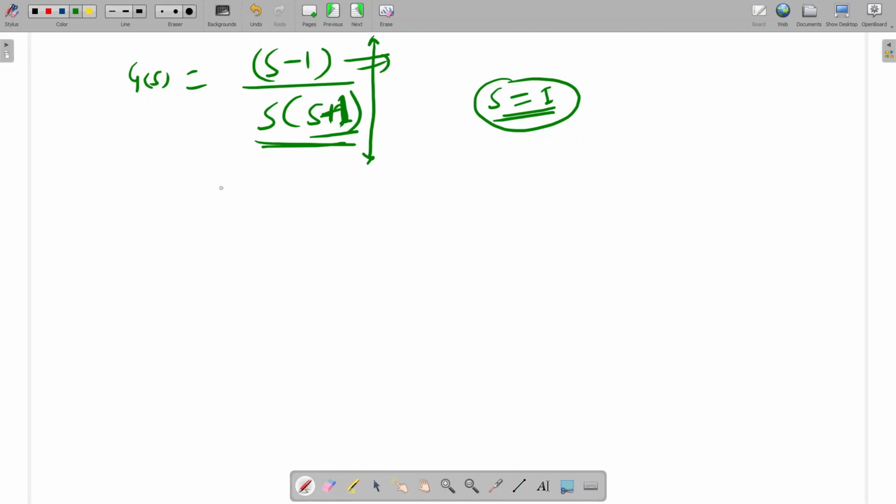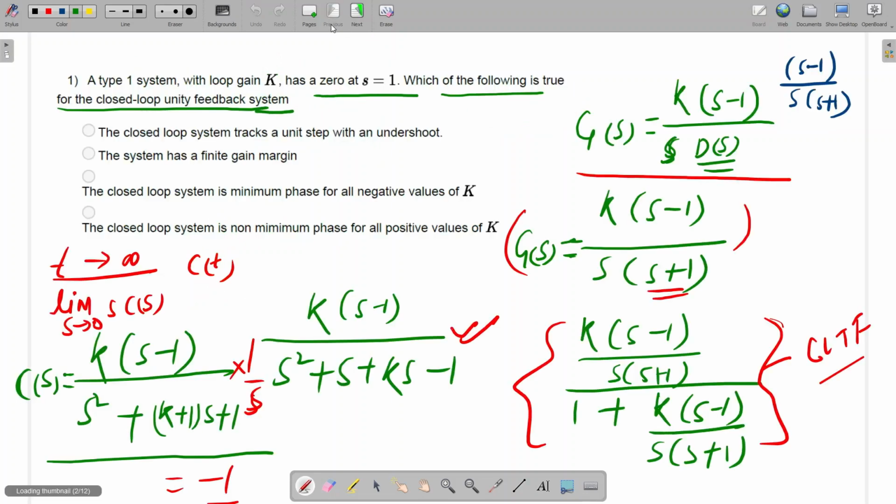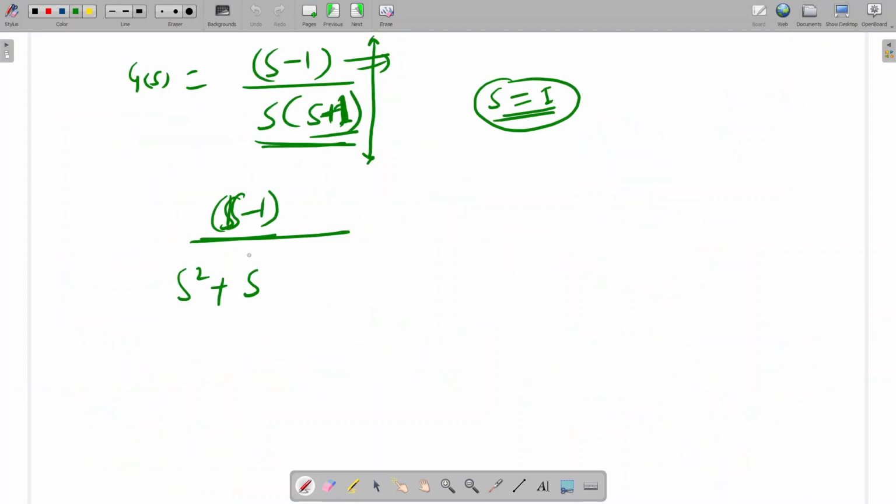First we will convert it into the closed loop transfer function. So (s minus 1) divided by s square plus, with k equal to 1, s square plus 2s plus 1. Is it correct?